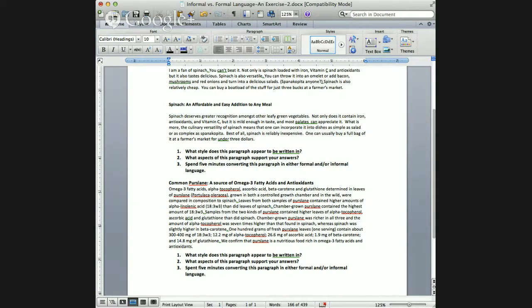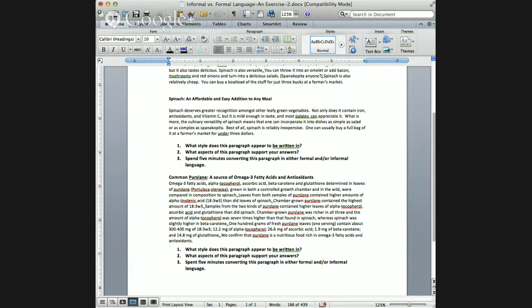Okay, so I've kept a little bit of this here. Not only does it contain, so I swapped out contain for loaded with, for a bit more formal of a word. Not only does it contain iron, antioxidants, and vitamin C, but it is mild enough in taste, and most palates can appreciate it.